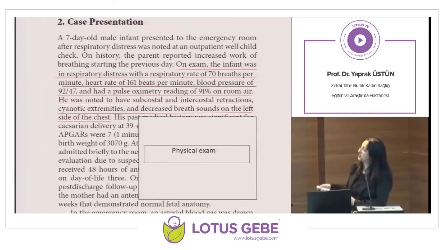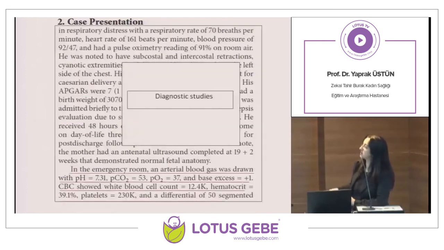On exam, the infant was in respiratory distress with a respiratory rate of 70 breaths per minute, heart rate of 161 beats per minute, blood pressure of ..., and a pulse oximetry reading of 91% on room air. He was noted to have subcostal and intercostal retractions, cyanotic extremities, and so on. You see the physical examination of the case, and you see the diagnostic studies.